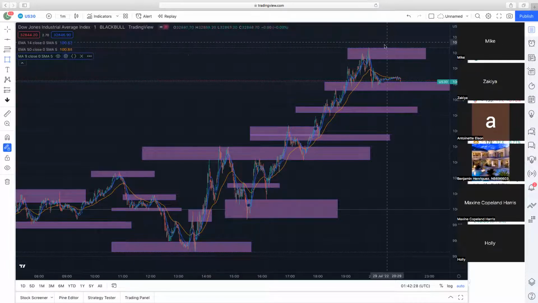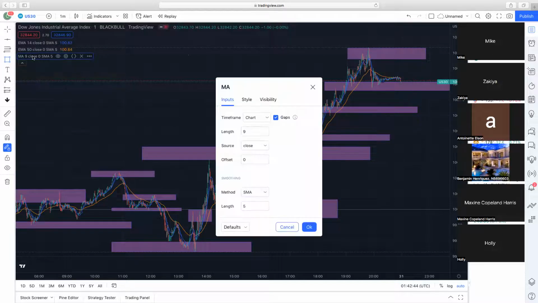The 200 saves our ass a lot from taking early entries. Oh, there it goes.